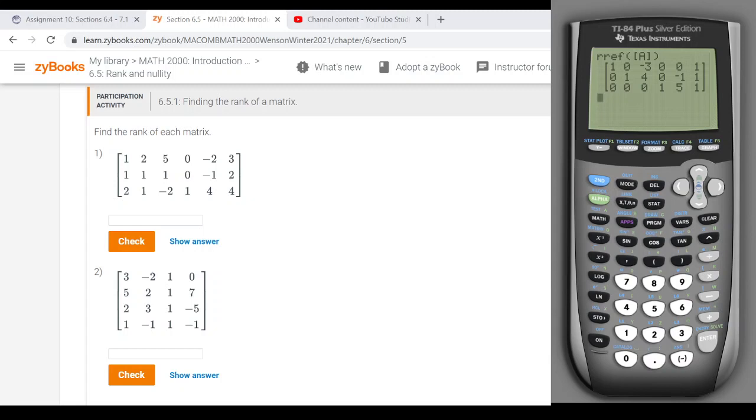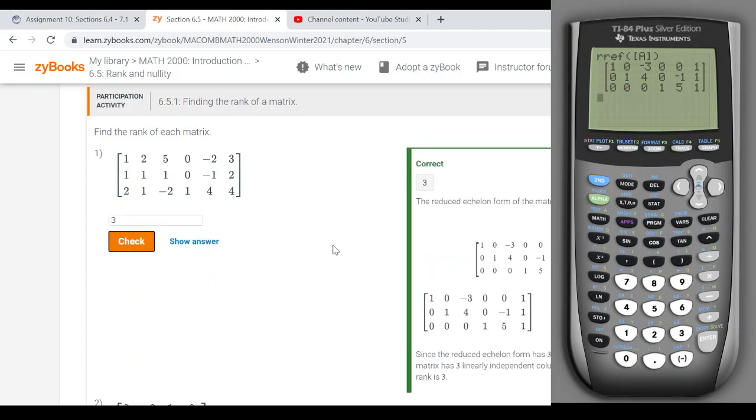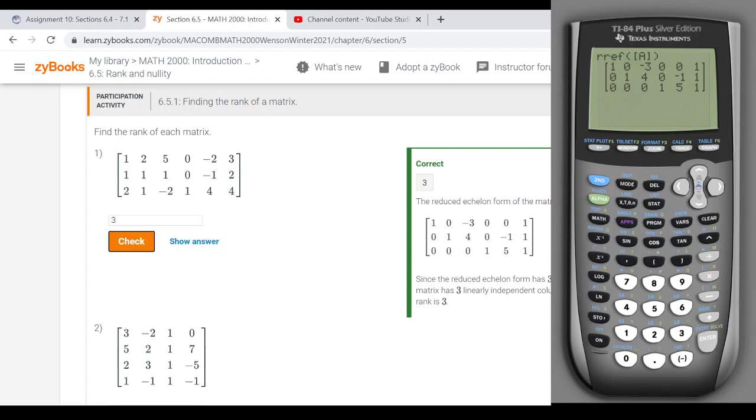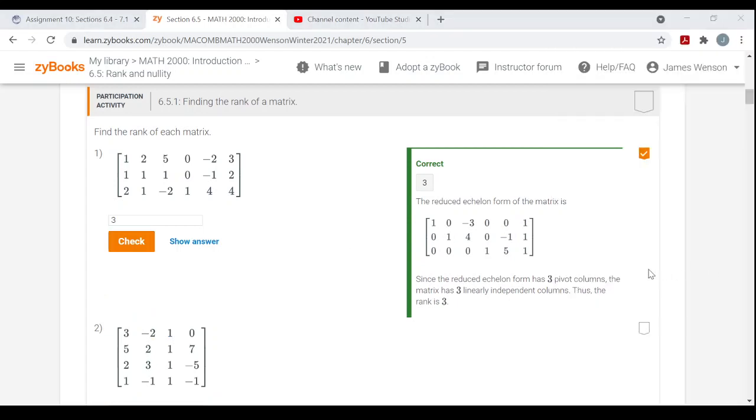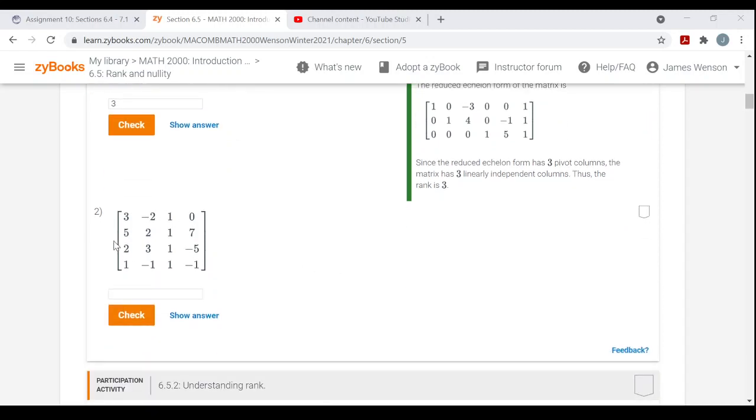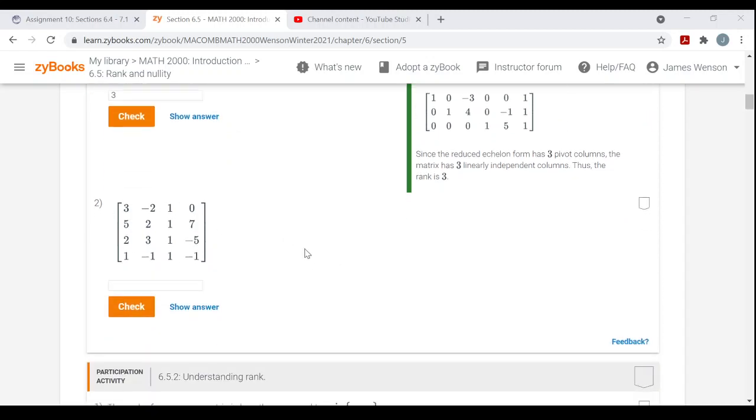So the rank of matrix A, the number of pivot columns in reduced echelon form, is 3. So I enter 3, check. Wonderful, that is correct. Very, very simple to identify the rank of a matrix. And you do the same for this 4 by 4.